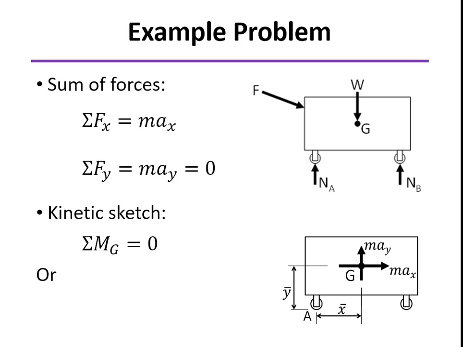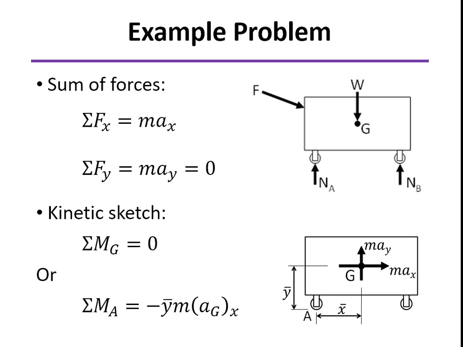But if we choose to use point A instead, then when we sum moments about A, what we would set them equal to would be negative y bar times the mass times the acceleration in the x direction.